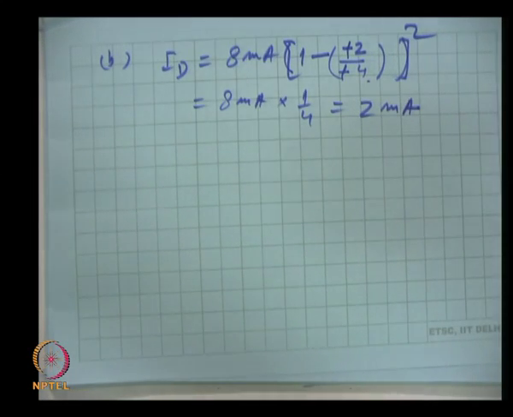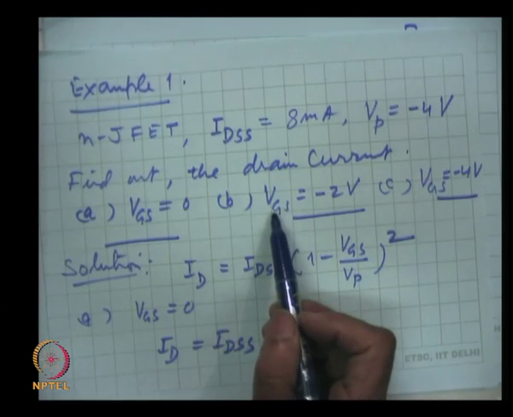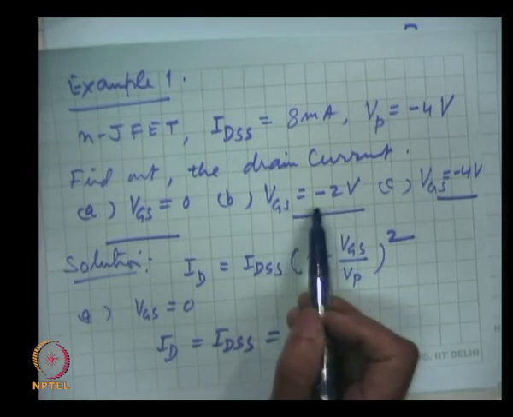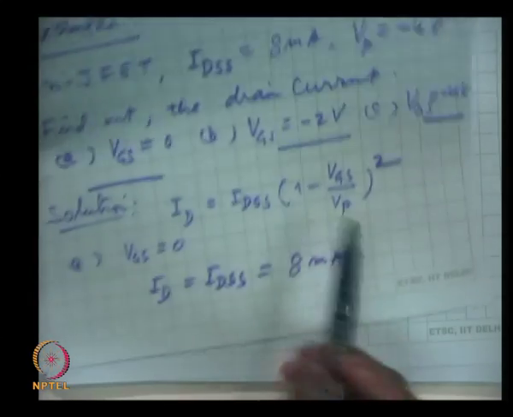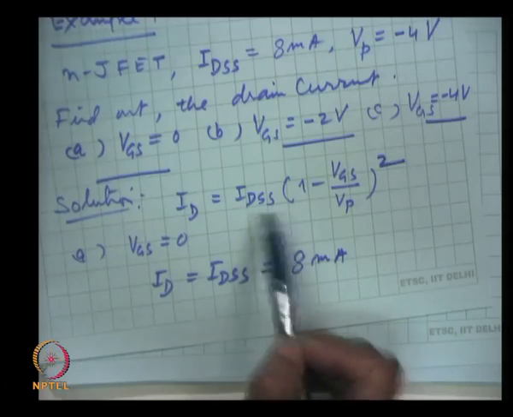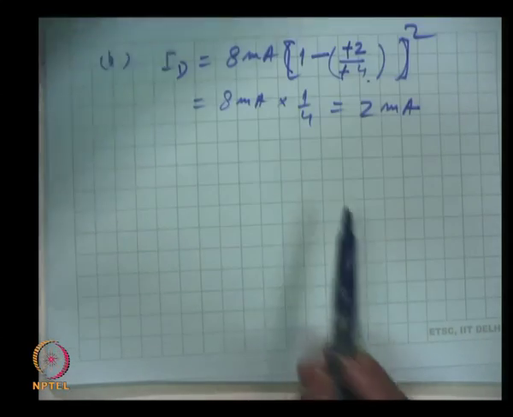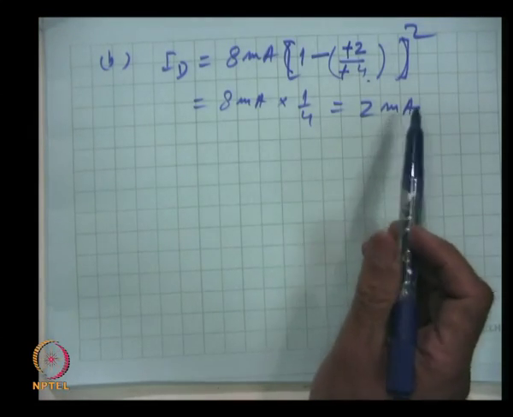This is what is expected when we increase the gate source voltage to minus 2 volts, the current will decrease from its value IDSS. IDSS was 8 milliampere and this is 2 milliampere.